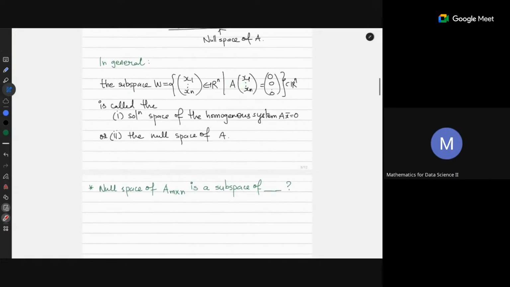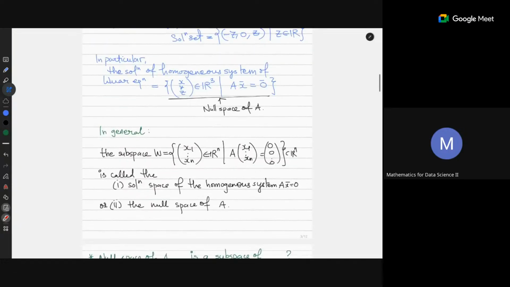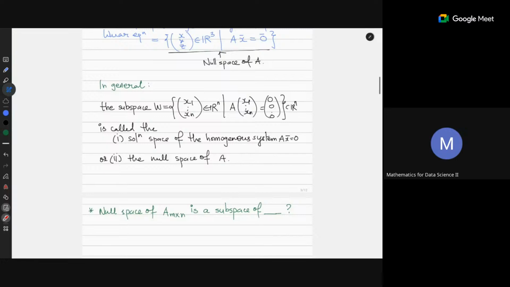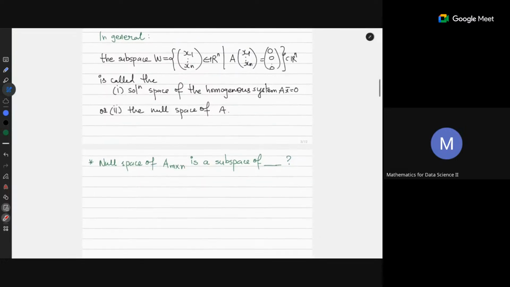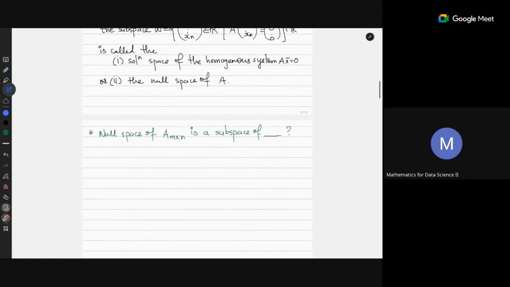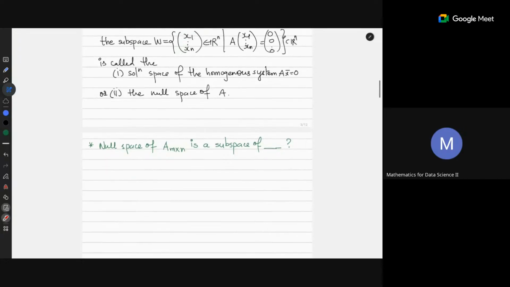Now my question to you is, is the null space of A a subspace? So suppose you have a matrix A, m cross n. Is the null space of A a subspace? It can be, sir.